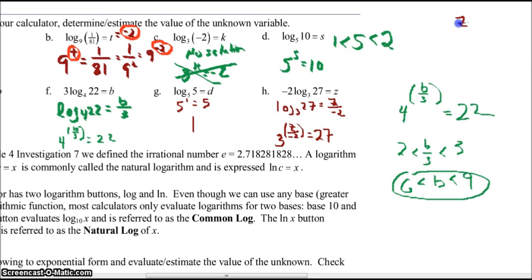Okay. So, actually I know that 3 cubed is equal to 27, so z over -2 has to equal 3. That means z is -6.